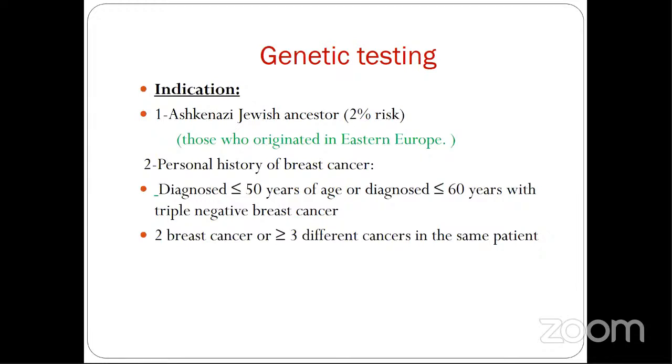Personal history of breast cancer diagnosed at 50 or less years of age, or diagnosed at 60 or less with triple negative breast cancer. Two breast cancers, or 3 or more different cancers in the same patient. The patient had 2 breast cancers, right and left, for example, or 3 different cancers, for example breast, ovary and colon. We will do genetic testing.